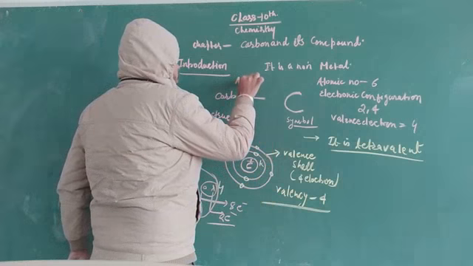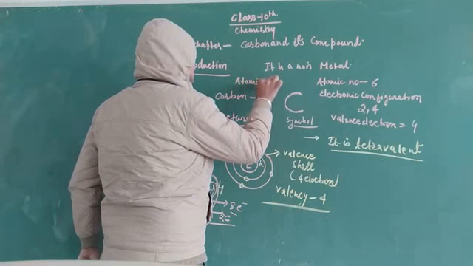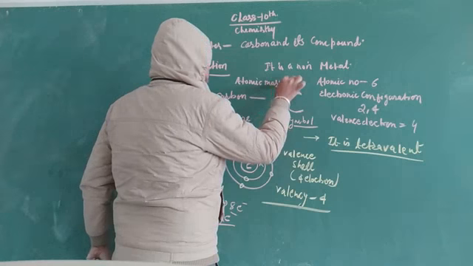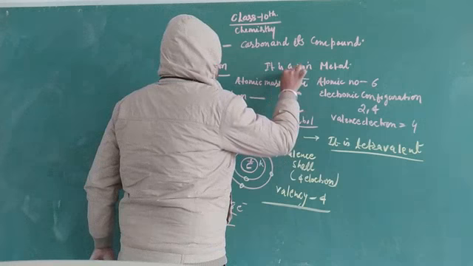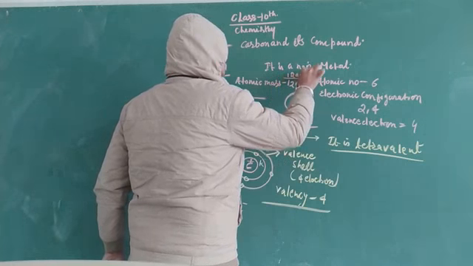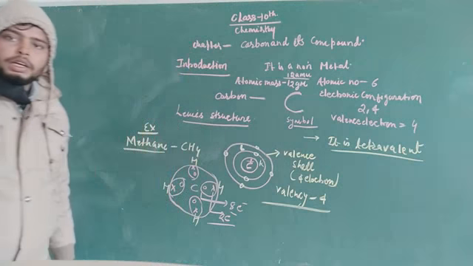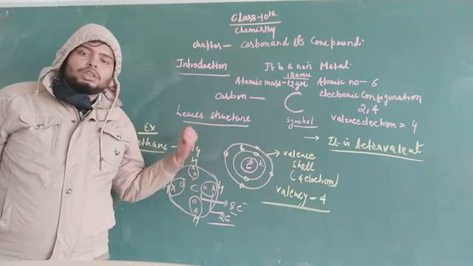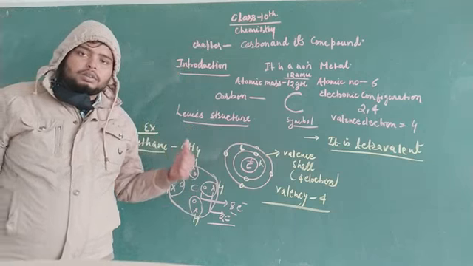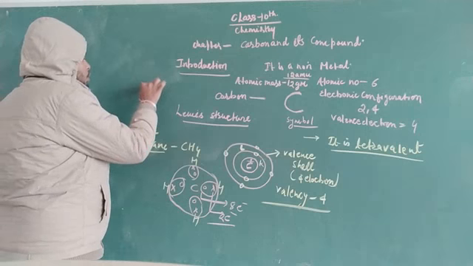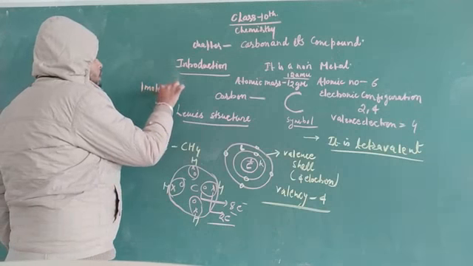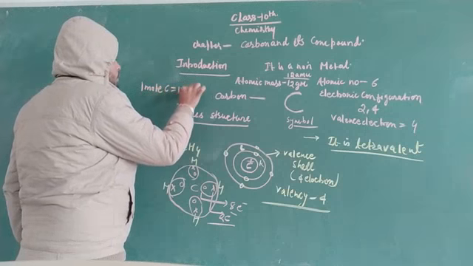Atomic mass is 12 gram or 12 AMU. That means 1 mole of carbon is equal to 12 gram.